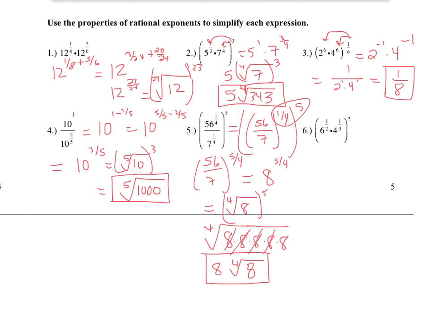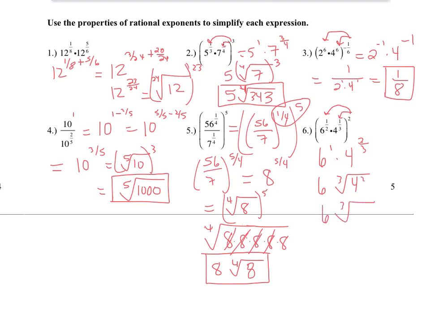Number 6, you have 6 to the 1/2 times 4 to the 1/3 being squared. So I've got different bases, different exponents. All I can do is distribute in the squared. So I'll have 6 to the 1/2 of 2 is 1, times 4 to the 1/3 times 2 gives you 2/3. So you'll have 6 times the cube root of 4 squared.